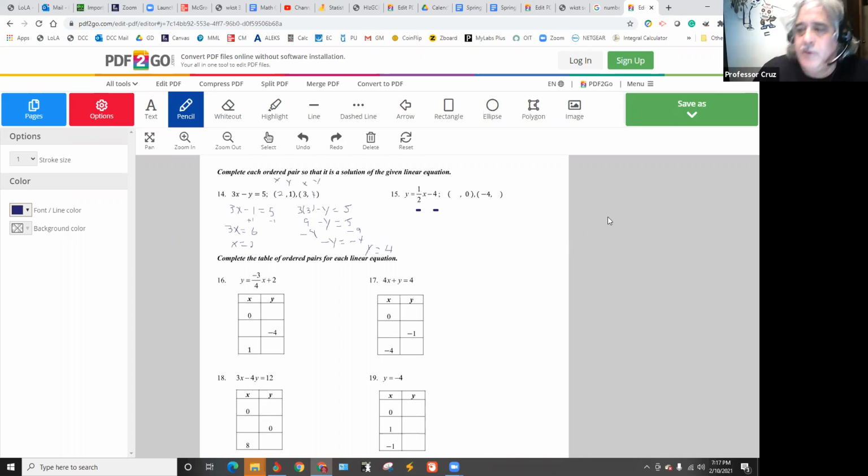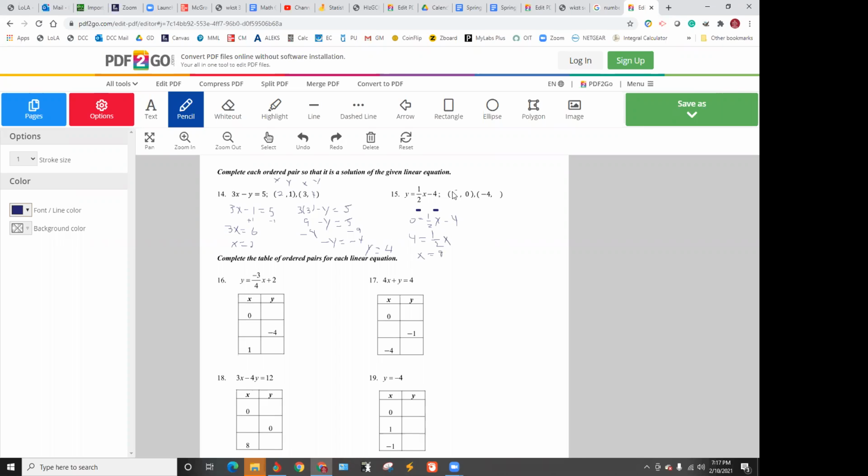So 0 is equal to 1/2 x minus 4. So that means 4 is equal to 1/2 x. Multiply by 2. I'm trying to save room here. So x is equal to 8. That's what I got. Okay, good.